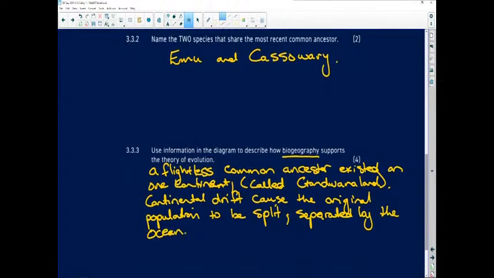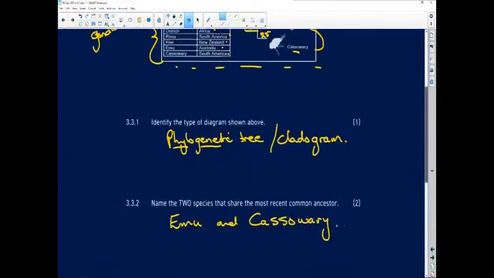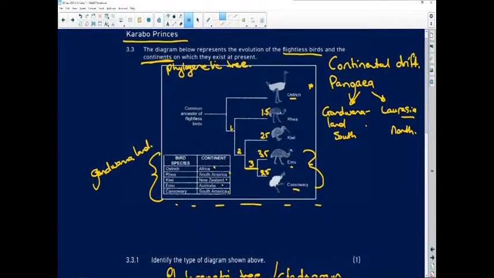Okay, now each population, I'm just going to write pop, each pop evolved independently. Okay, so independently: the ostrich in Africa, the rhea in South America, the cassowary in South America, the kiwi in New Zealand, and the emu in Australia.